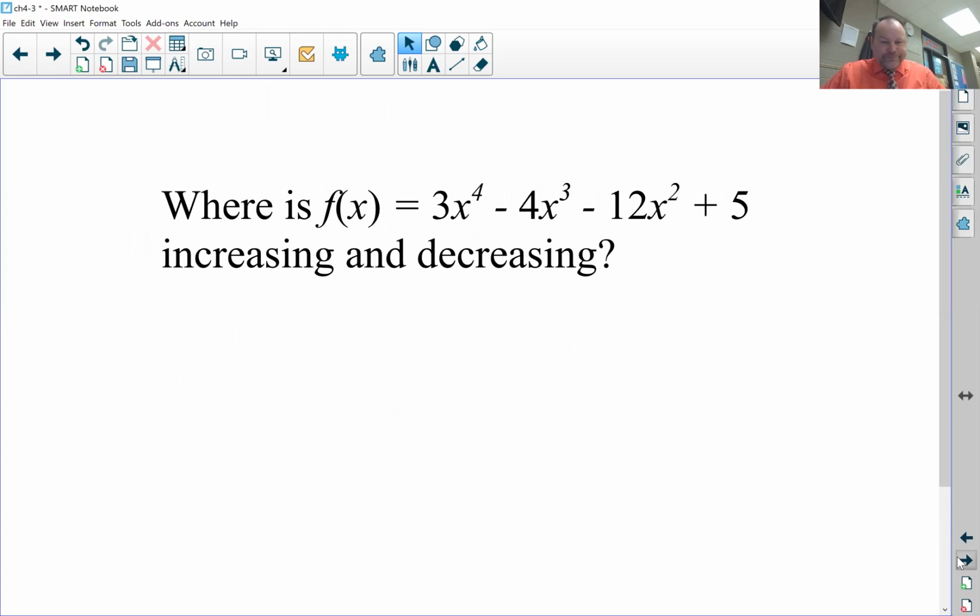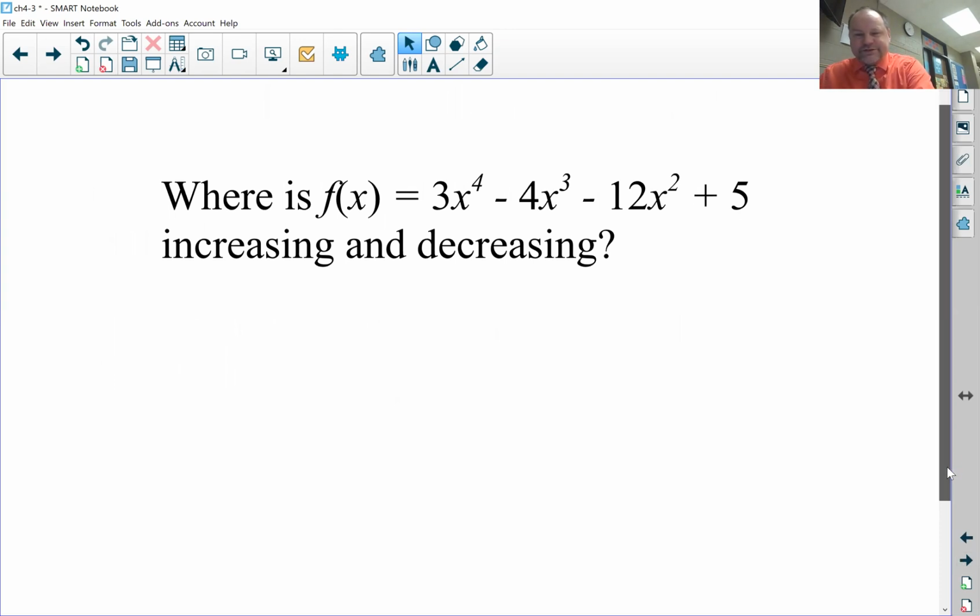So let's take a look. Where is the function 3x to the 4th minus 4x to the 3rd minus 12x squared plus 5 increasing, and where is it decreasing?